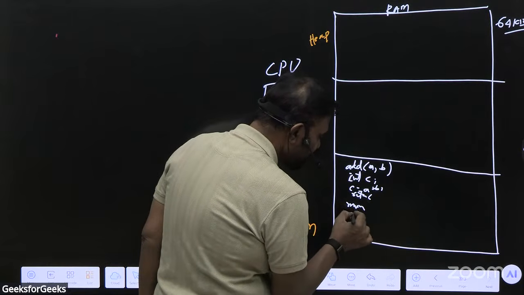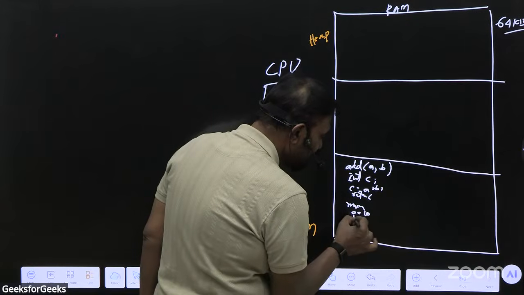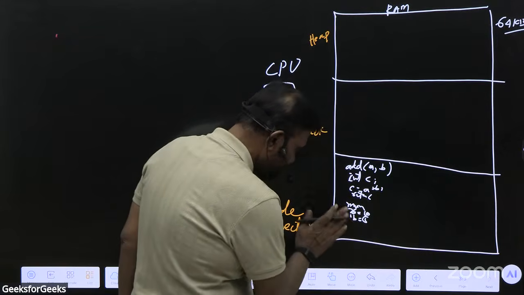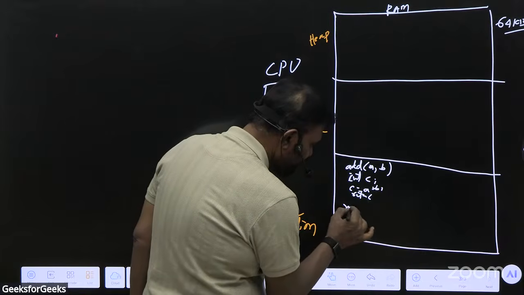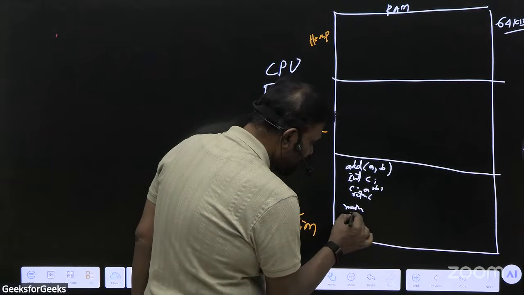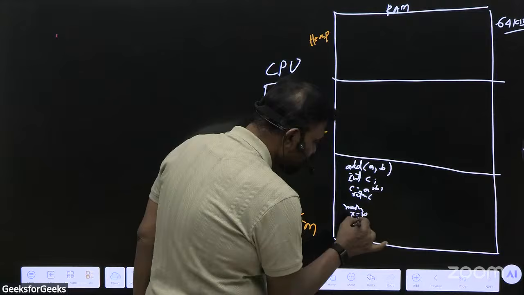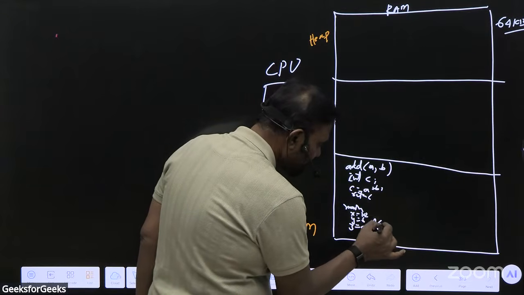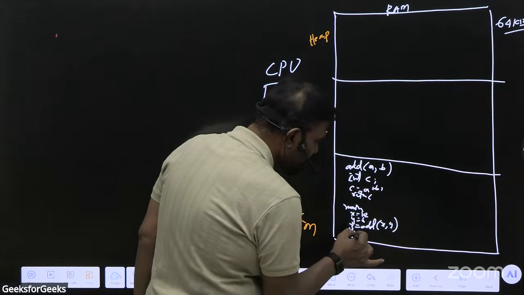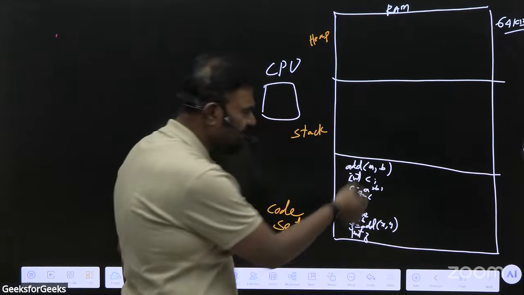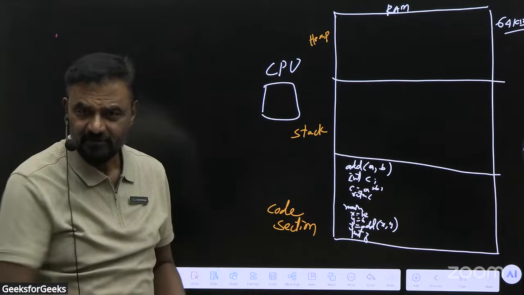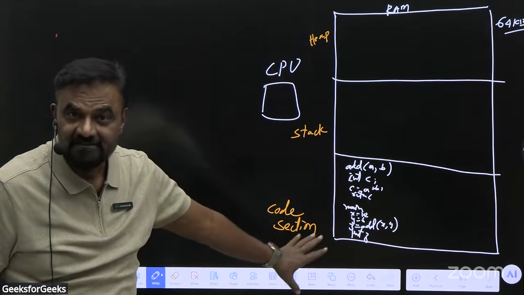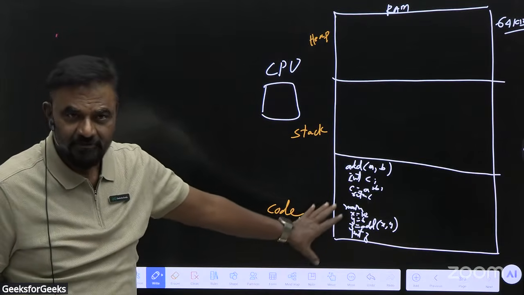Main has X assigned 10, Y assigned 5, Z assigned add(X, Y), print Z. You are already aware of that, so I'm just scribbling in a small font size. Hope you understand this, right? You are able to read it, right?